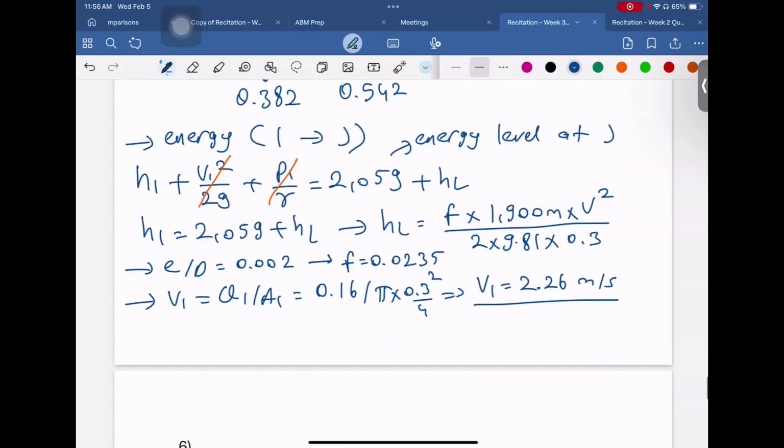And since this time we know the velocity here, we can calculate the H1. H1 is 2097.7 meters.